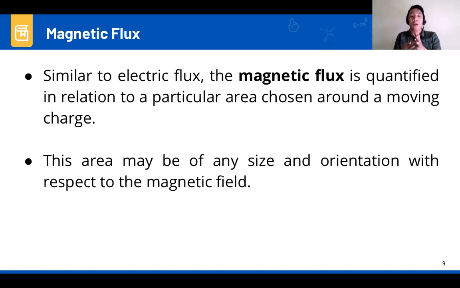So those are what we call area of any size, or just like maybe it looks like a circle, it looks like a rectangle, it looks like a square or a triangle. It depends on the given shape. Okay?